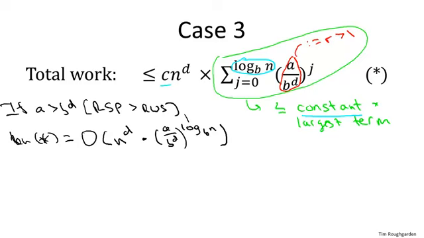Now don't despair how messy this looks. We can do some remarkable simplifications. So what I want to do next is I want to focus just on this 1 over b to the d raised to the log base b of n term.